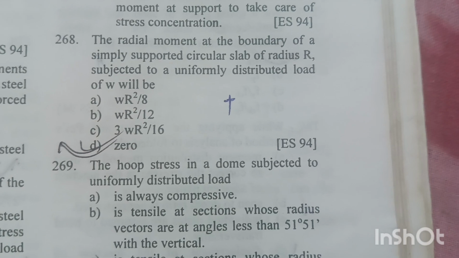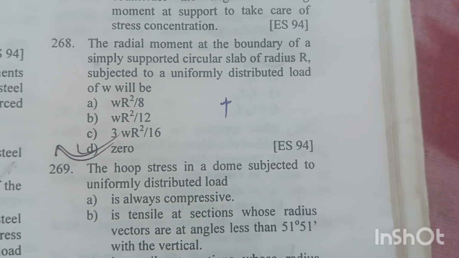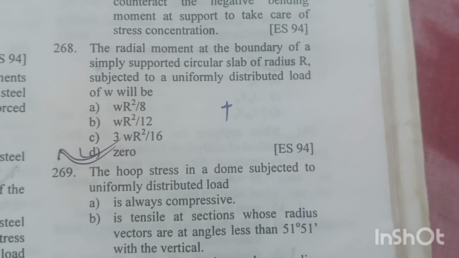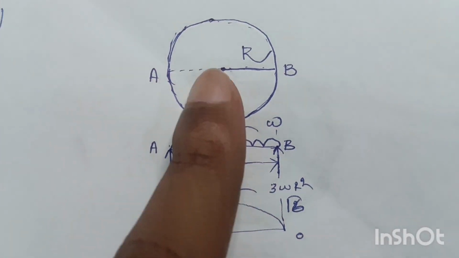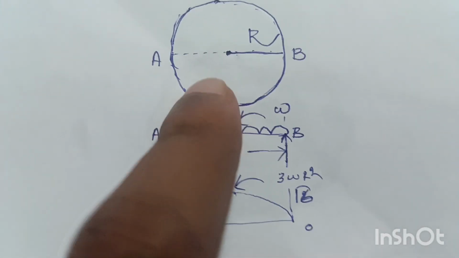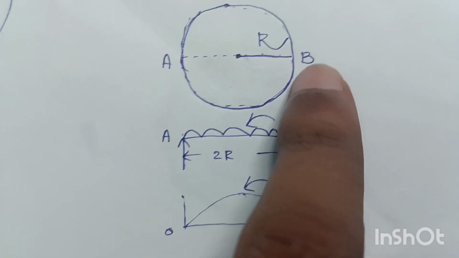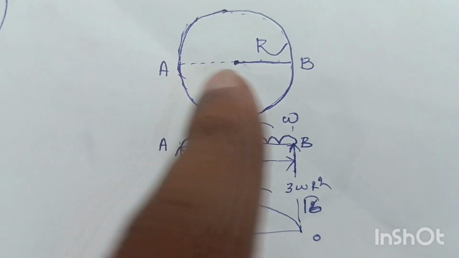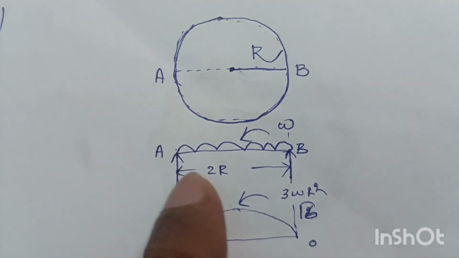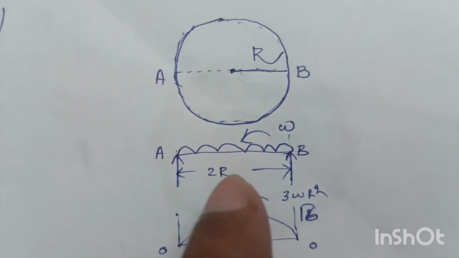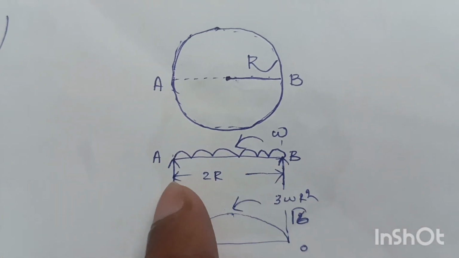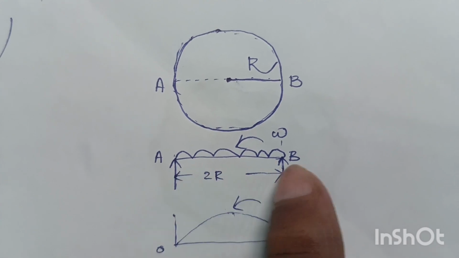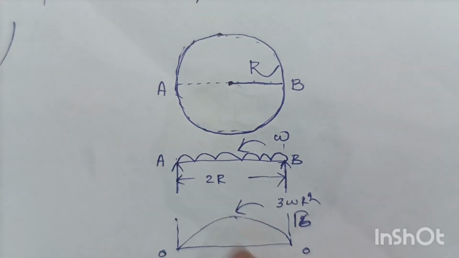Question number 268. The radial moment at the boundary of a simply supported circular slab of radius capital R subjected to a uniformly distributed load of W will be. Suppose this is the circular slab, and this is the radius of the slab, capital R. If we take a section AB, the slab subjected to uniformly distributed load, the beam will look like this: a simply supported beam subjected to uniformly distributed load.